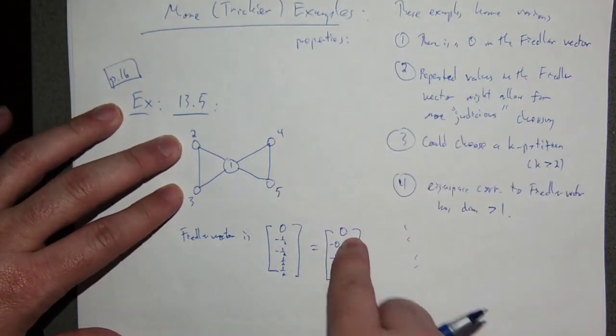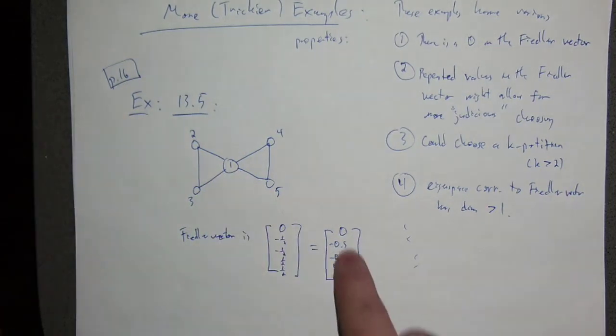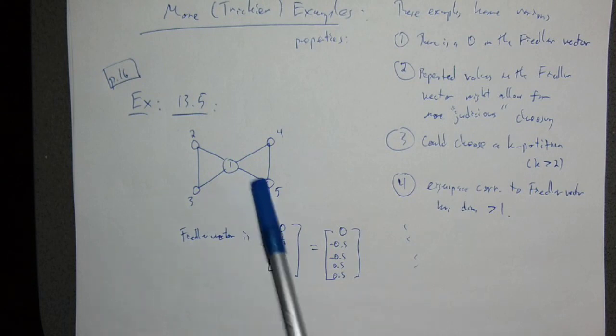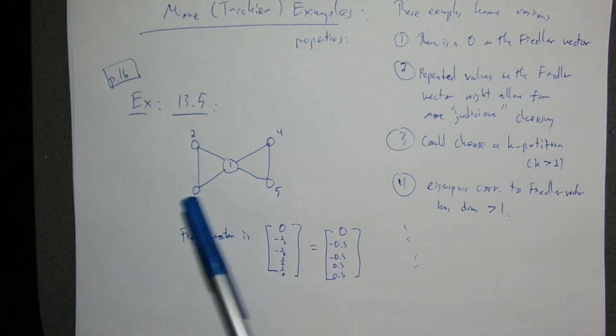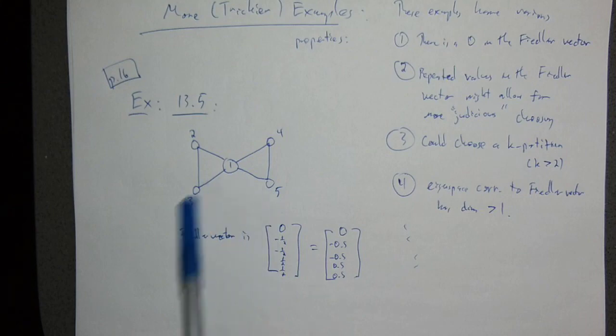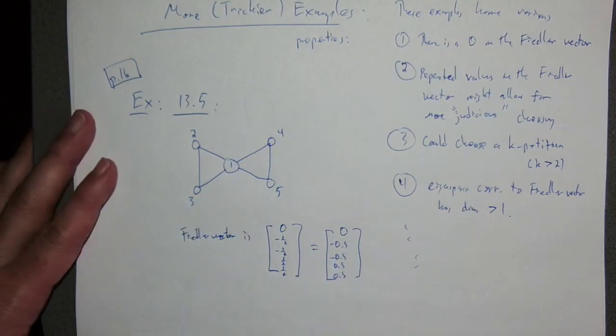But then vertex 1 has a 0 in the Fiedler vector associated to it, which means I am free to choose. Just looking at this bow tie graph, you can tell there was going to be a problem with this one vertex since it is more connected than any other vertex in this graph, right? Where it goes splits things up in a bad way. You can see the choice totally determines what it looks like. So I would have 2 choices here.